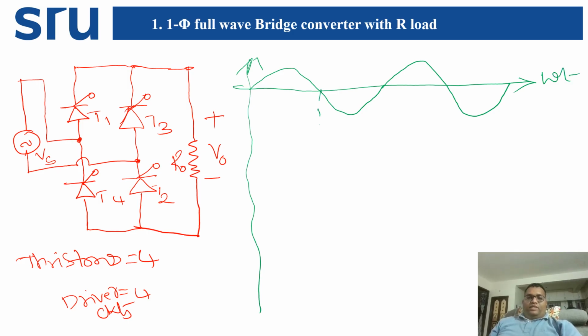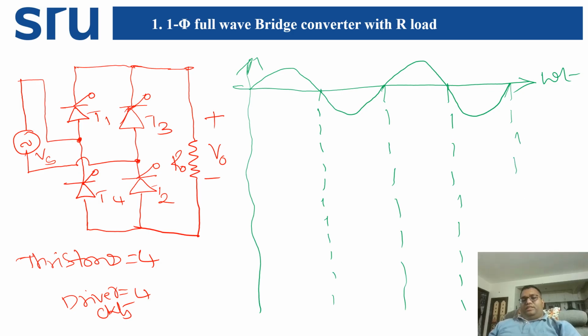Draw the vertical lines; those lines will give a clear structure of the operation. This is the first half cycle, this is the second, this is the third, and this is the fourth half cycle of the operation.